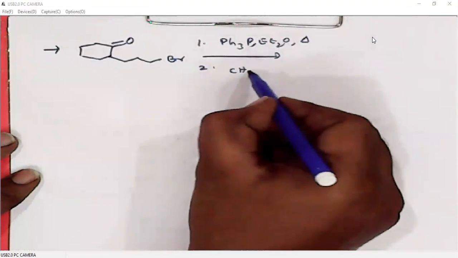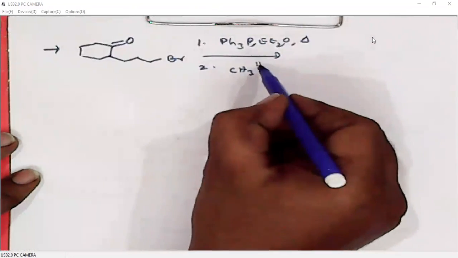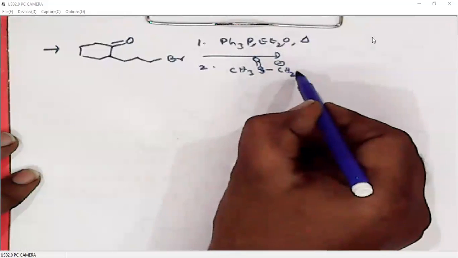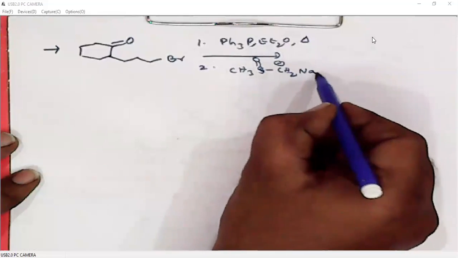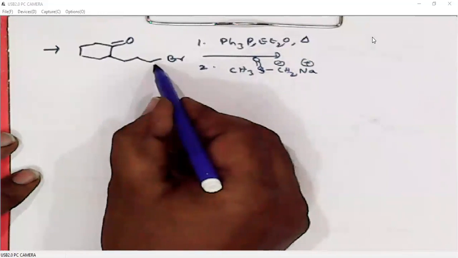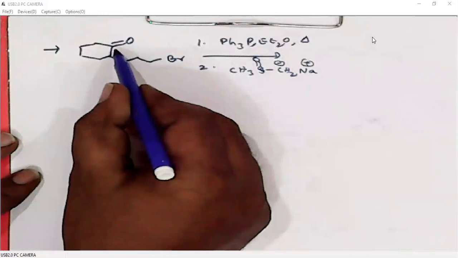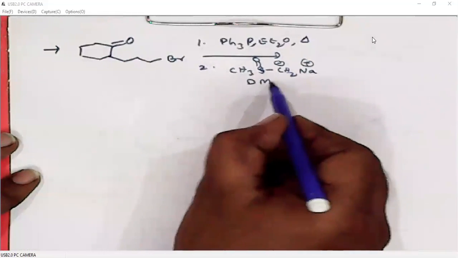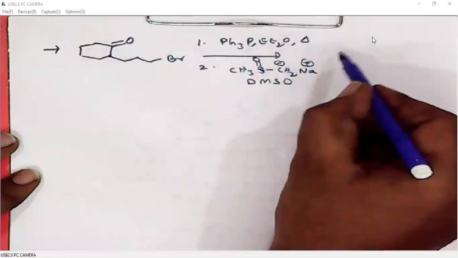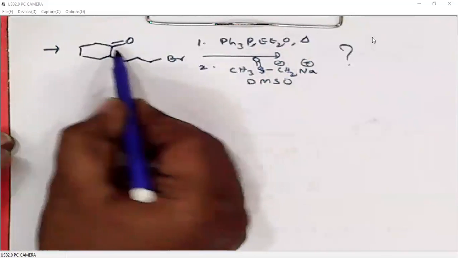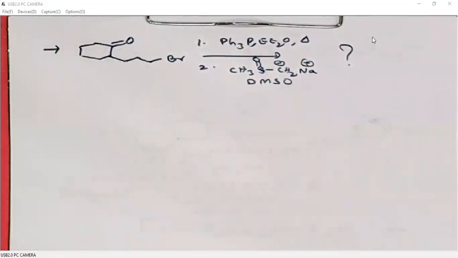In this case, we are using dimsyl anion, the anion of dimethyl sulfoxide. Then we generate a Wittig reagent here that will undergo an intramolecular Wittig reaction to generate the cyclic compound. So what is the product? 1, 2, 3, 4, 5. So we will get a 5-membered ring with a double bond.